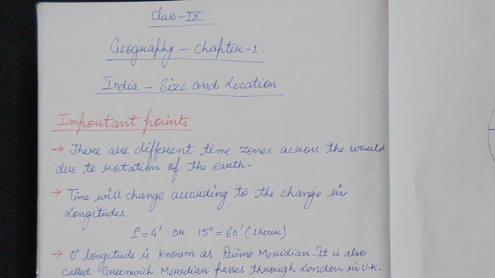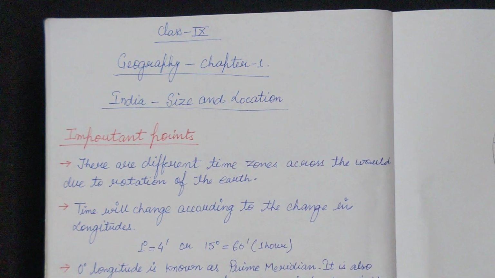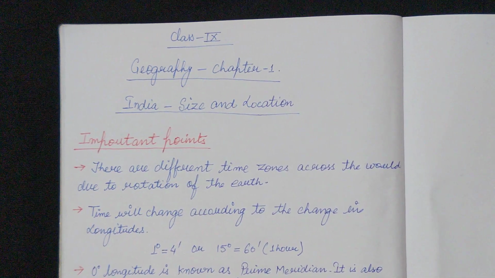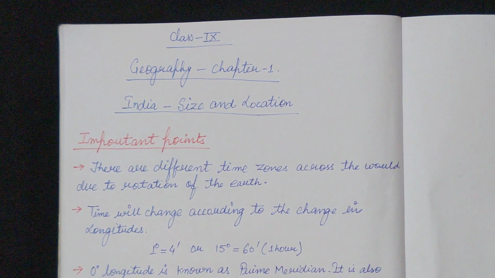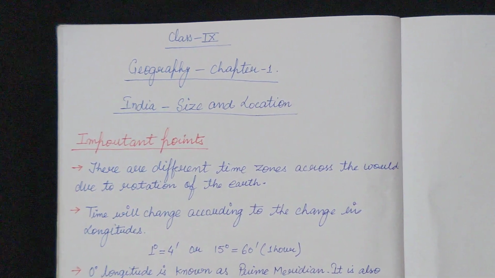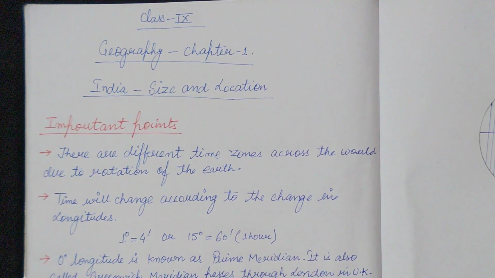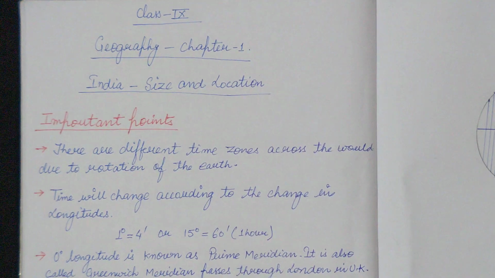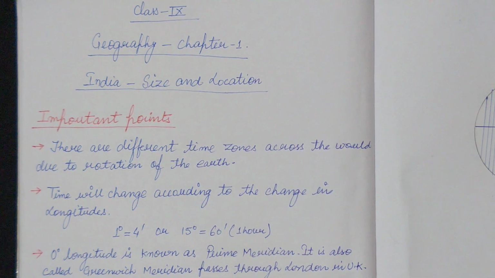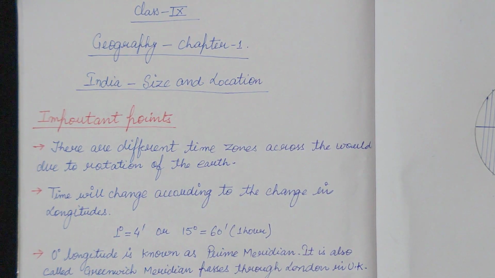The Earth completes one rotation in 24 hours, so we get different times in different parts of the world. The time of India is different from the time of the USA, UK and other countries. It is because of the rotation only.